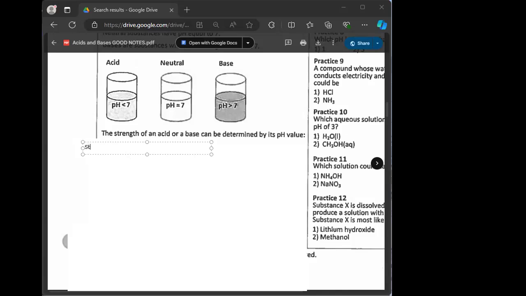Okay, so let me write this out. Strong acids completely dissociate when they dissolve, versus weak acids, which will not. Let's say that we have 100 HCl molecules.